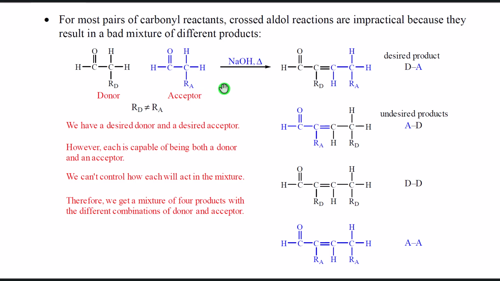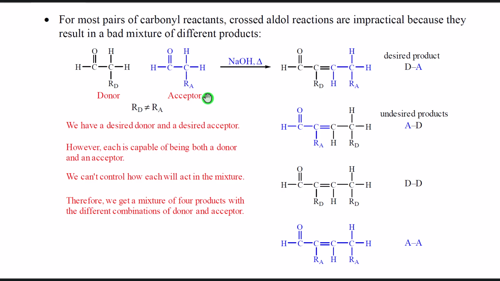If we look, we have several different possible combinations of these two molecules in our products. Because they are mixed together, they're treated with base, and therefore, in theory, either one could actually become deprotonated and be the donor. So we're looking at having a desired donor and a desired acceptor, but we may not be able to control that once they are mixed together.